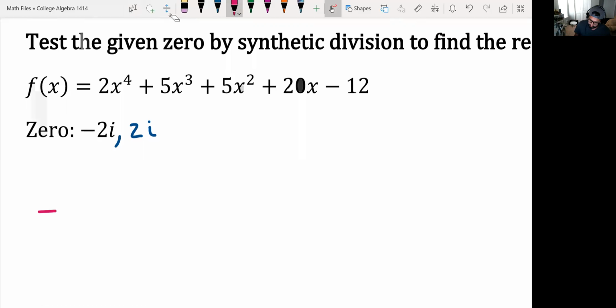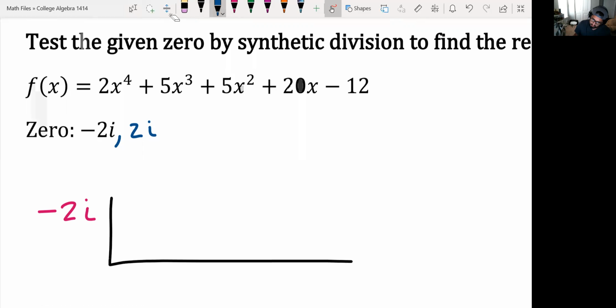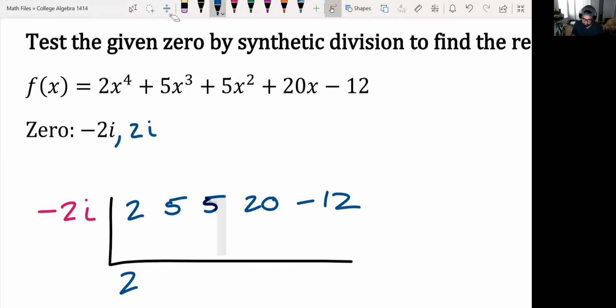So we'll start with -2i. And all powers are accounted for: 4, 3, 2, 1, 0. Okay. 2, 5, 5, 20, -12. First number comes down. Okay.